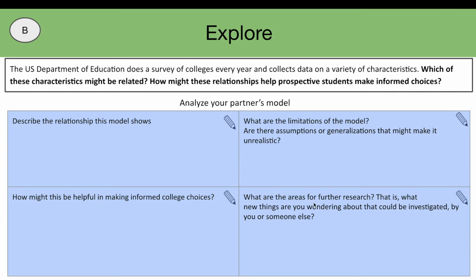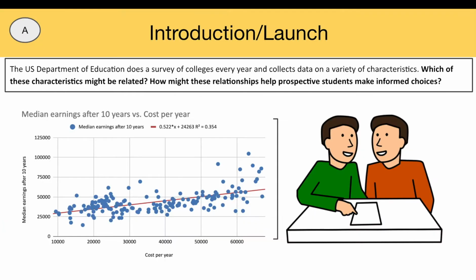What are the areas for further research? That is, what new things are you wondering about that could be investigated by you or someone else? Again, you can pause and answer these questions throughout the video and then come together when I'm going over it. So what are some areas for further research?